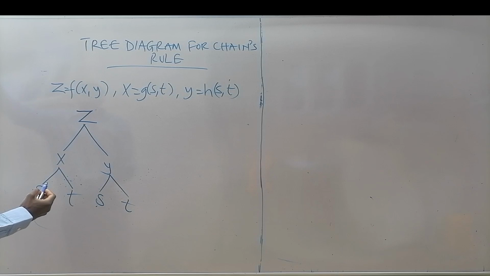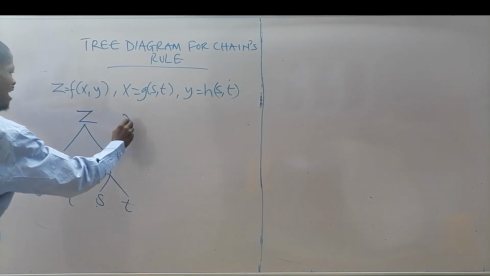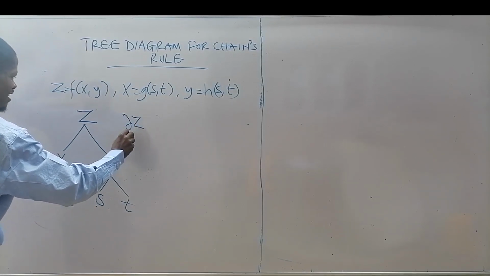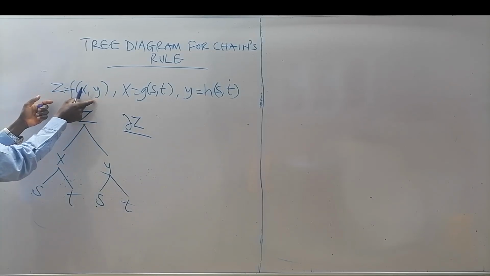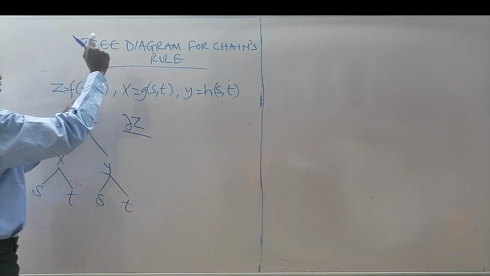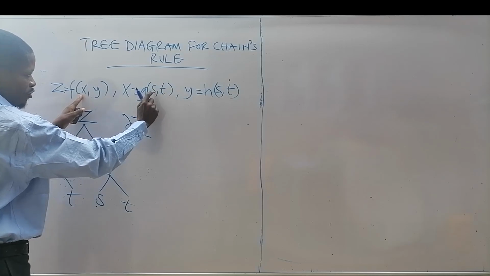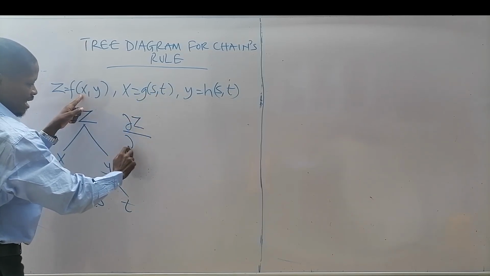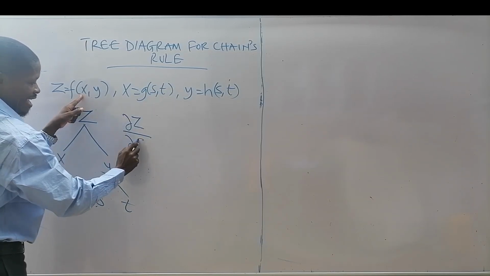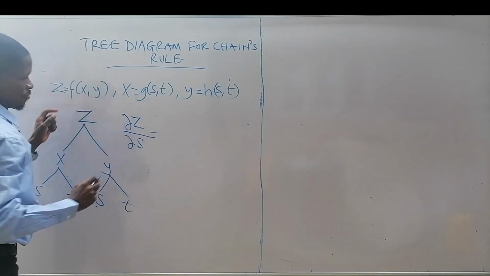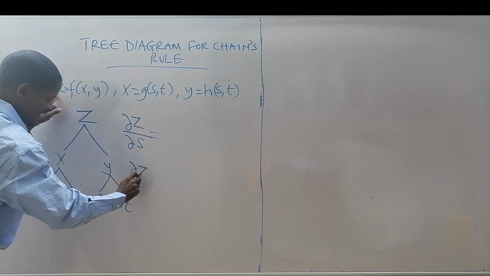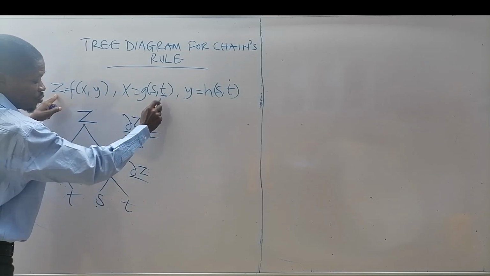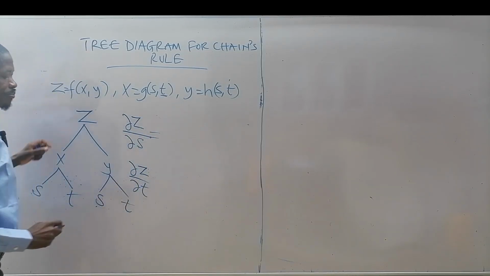required equation, and that will be equal to del z del. Don't forget that it's a function of two variables here, and each of those functions is a function of what? s and t. So it's going to be del z del the first one, s, and we are going to get also del z del the second one, del t.